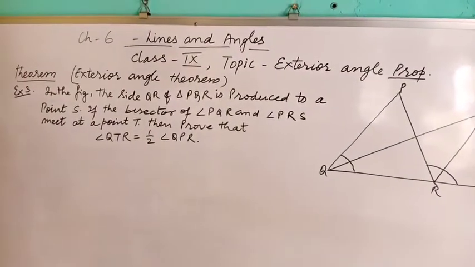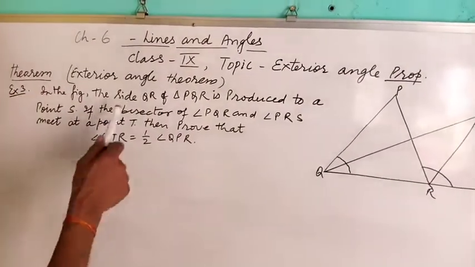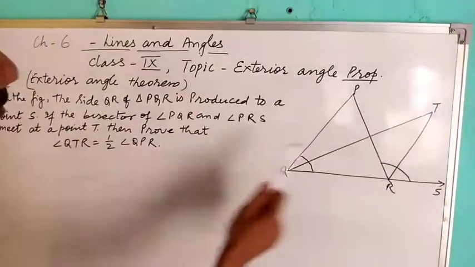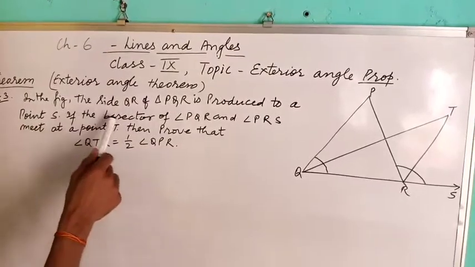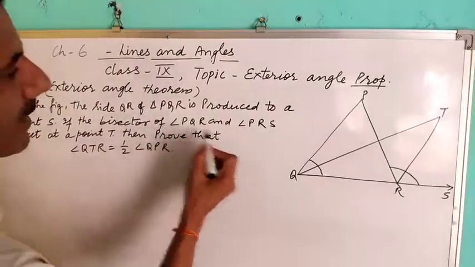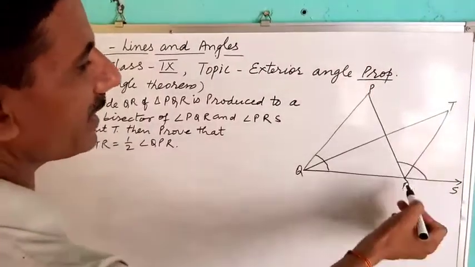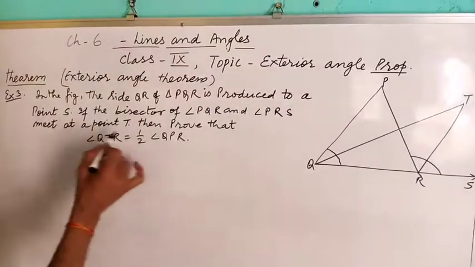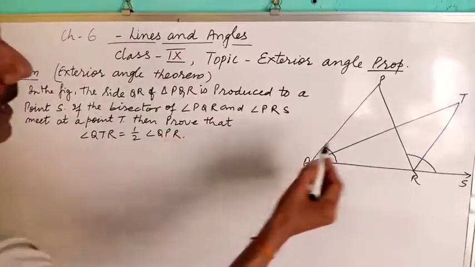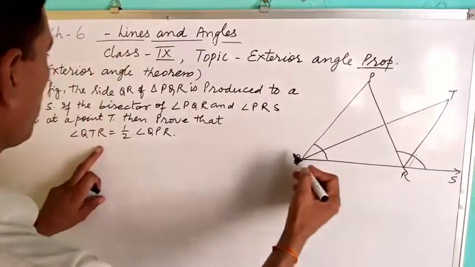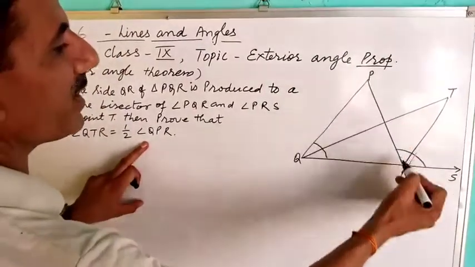So let's take example 3. In the figure, the side QR of triangle PQR is produced to S. If the bisectors of angle PQR and angle PRS meet at point T, then prove that angle QTR is equal to half angle QPR.